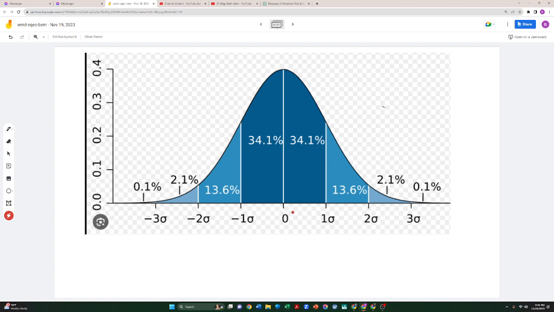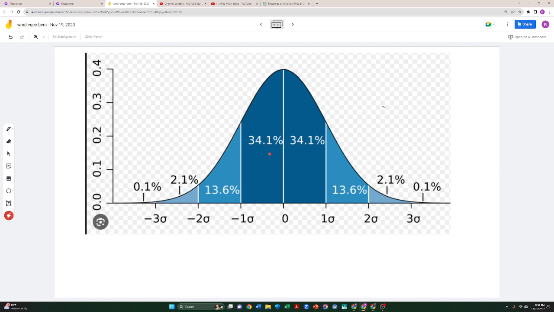So the empirical rule assumes that the data follows a normal distribution. While many real-world phenomena exhibit approximately normal distribution, it's important to note that this rule is an approximation. Okay?